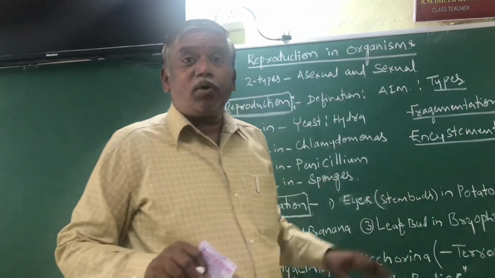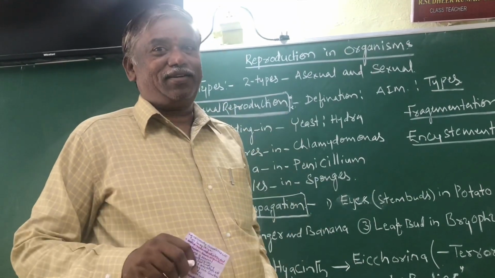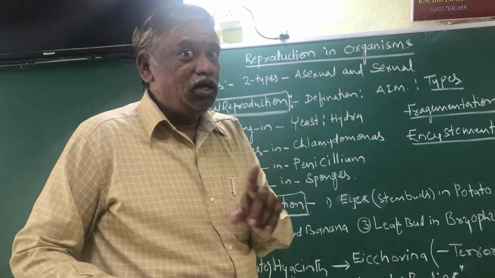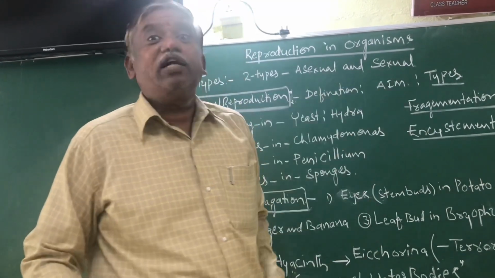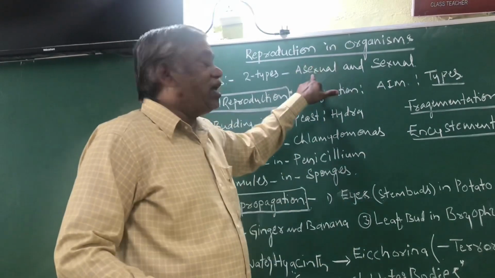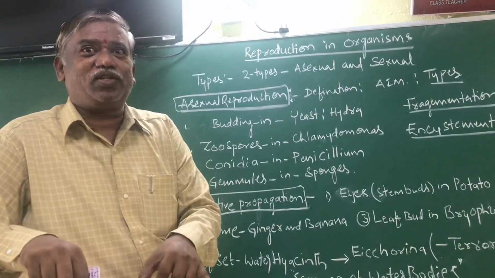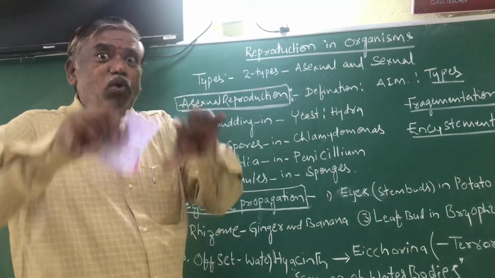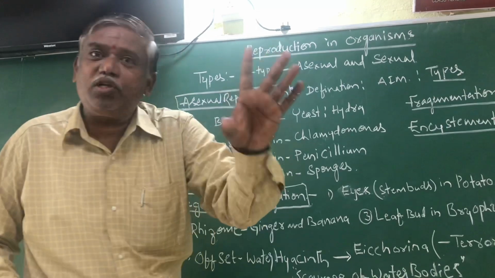In sexual reproduction, genetic variation occurs. Catch the point? The main aim of sexual reproduction is genetic variation. Asexual reproduction is genetic preservation. But the common aim of reproduction is continuity of life.